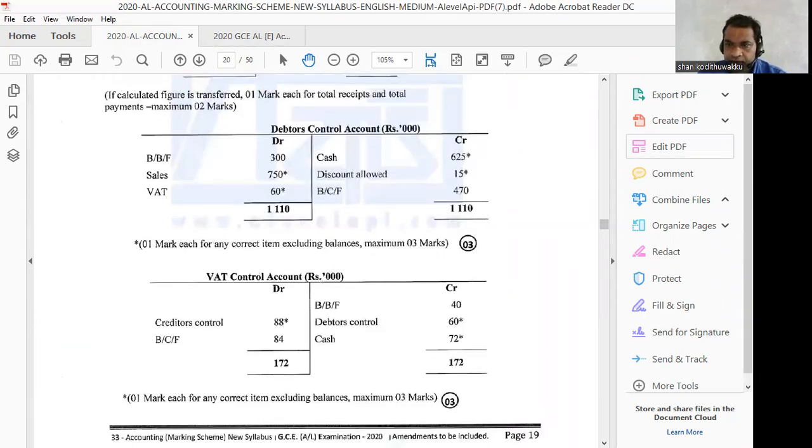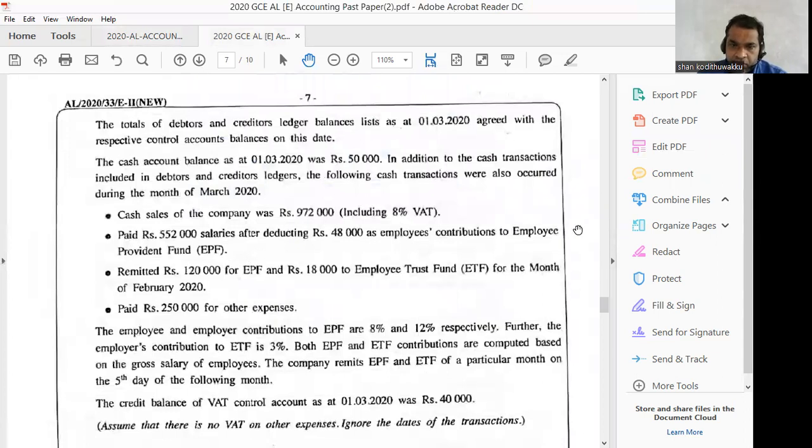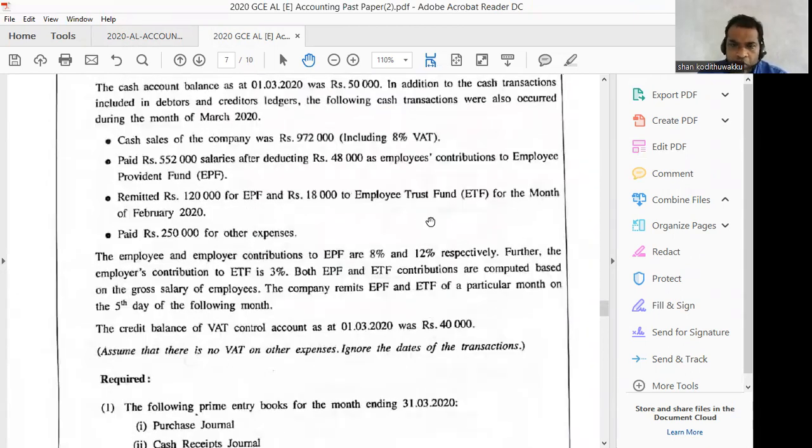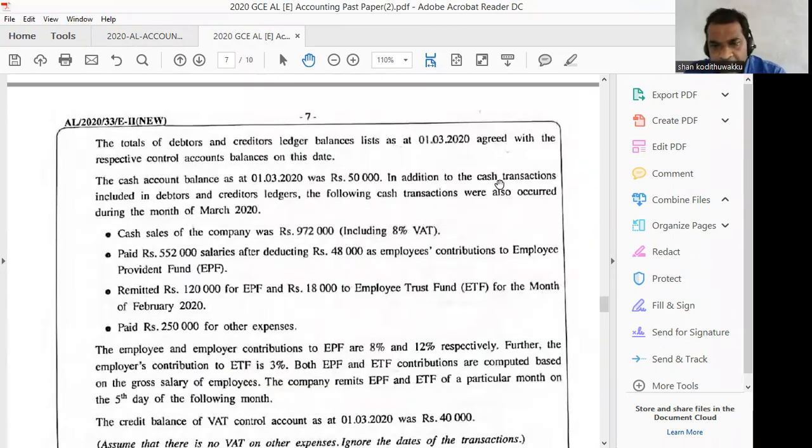Right. And as we are asked to prepare the EPF payable account, normally we deduct EPF 8% from employee and 12% of gross salary from the employer or company or owner of the business and transfer to EPF payable account.